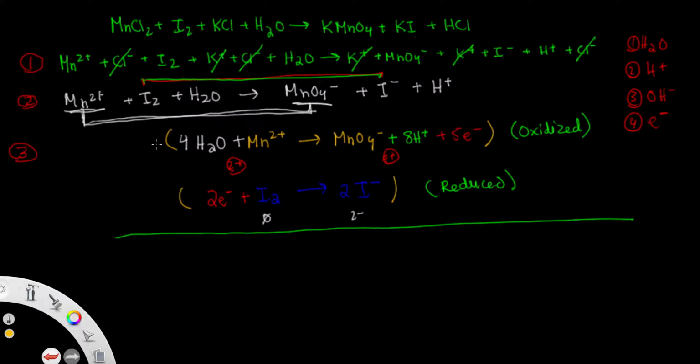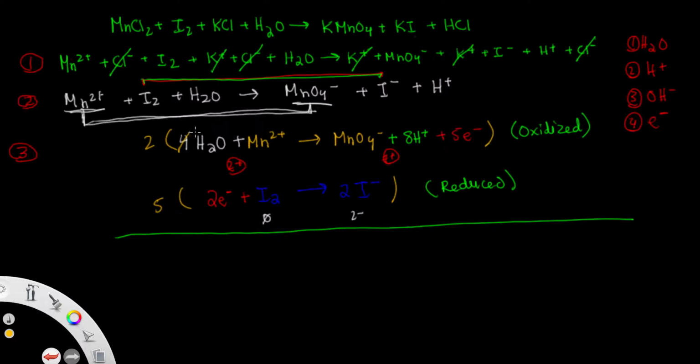So if we multiply the top by 2 and the bottom by 5, we get 10 electrons on both reactions, and we can cancel them out because we have electrons on the reactant side and electrons on the product side. We multiply the whole top reaction by 2, and the whole bottom reaction by 5, carrying that through to all of the species.